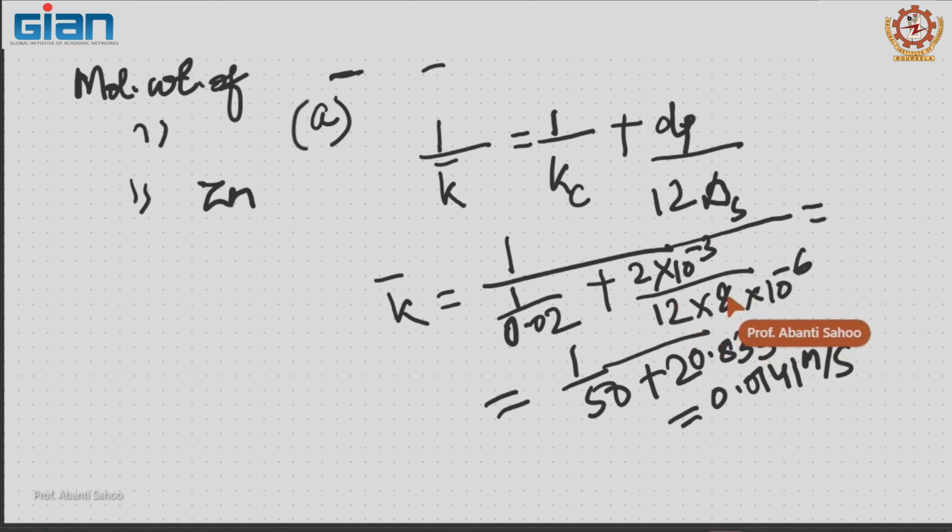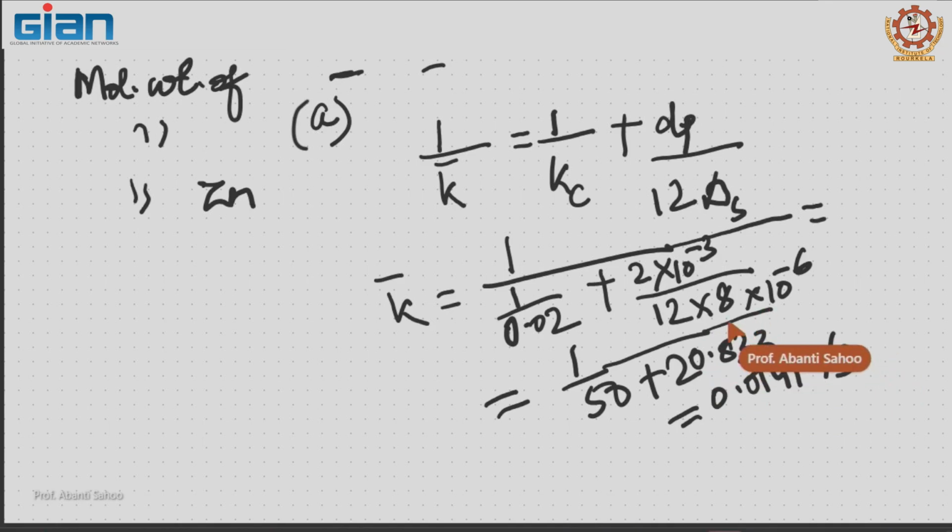So, it is the resistance offered by the diffusion through the product layer, and it is nearly as important as the reaction rate constant, which was 0.02. So, 1 by 0.02 is 50 and d p by 12 D s is 20.833. That means this 50 is the resistance offered by the reaction and this 20.833 is the resistance offered by the diffusion.